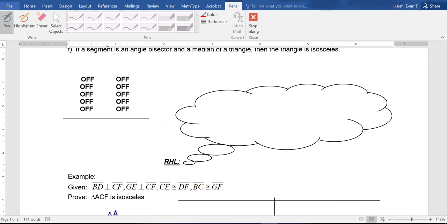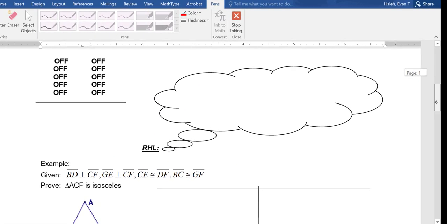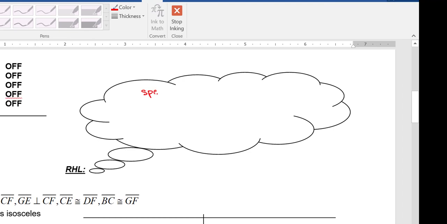So RHL is just a special case of the bad word, SSA.